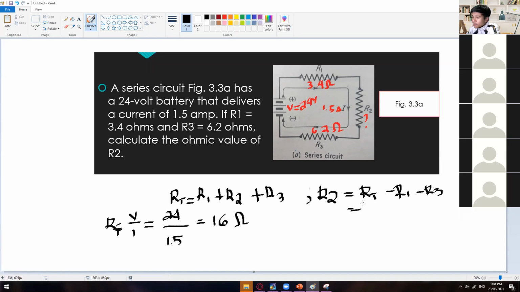So RT is 16 ohms minus R1, which is 3.4 ohms, and then minus R3, which is 6.2 ohms. From there, we should get 6.4 ohms.